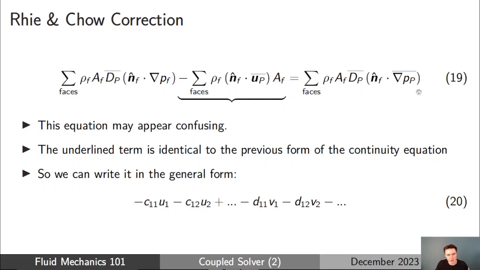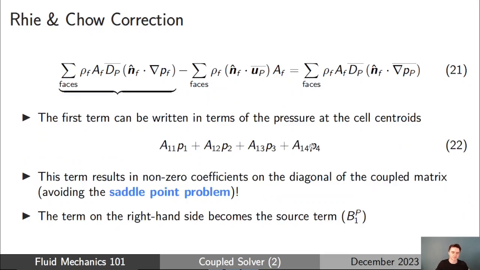But the key with the Rhie and Chow correction, now that we've applied it to the continuity equation, is we've got another term on the left-hand side and another term on the right-hand side. The term on the left-hand side, without going into too much detail, we can actually rewrite also in terms of the pressures at the cell centroids. The reason we can do that is this nabla p_f is the pressure gradient across a face directly.